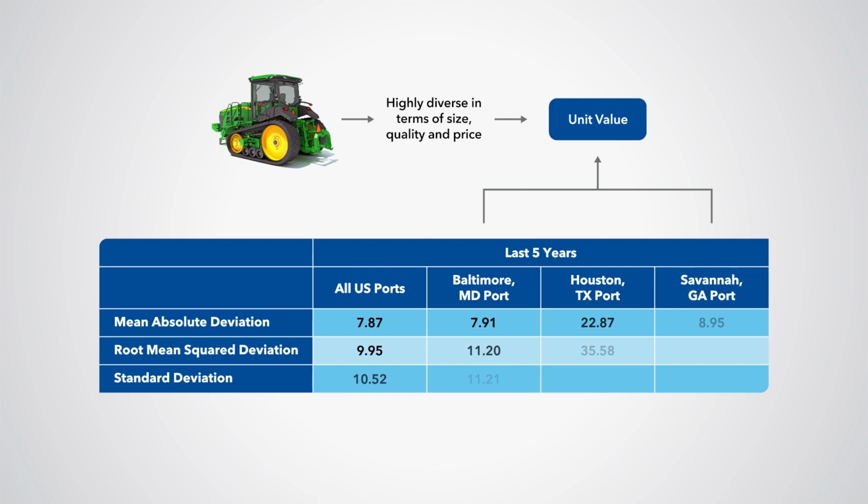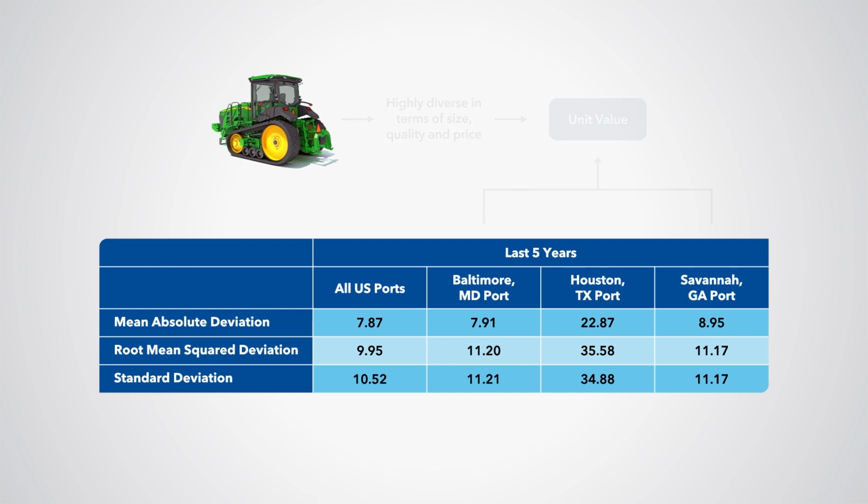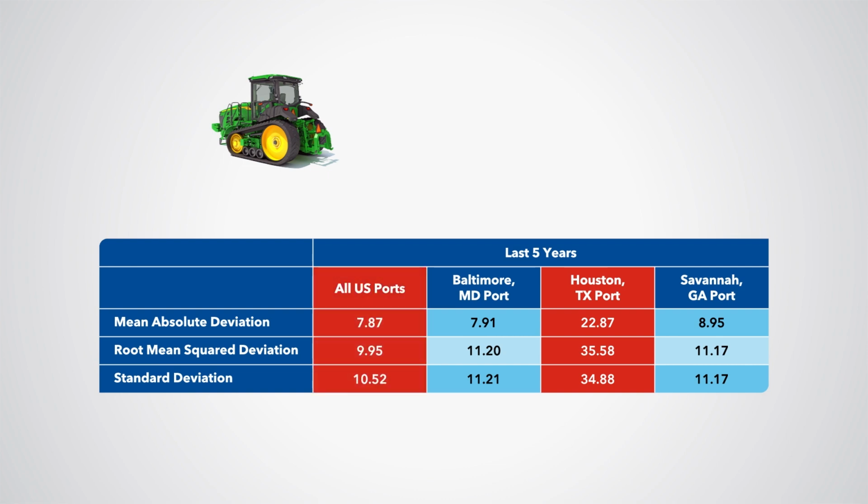This table shows the volatility analysis of the track-laying tractors after they have been disaggregated by port of export. In this example, disaggregation by port does not lead to less volatile UVI series. Indeed, the UVIs for Houston, Texas are about 3 times as volatile as their equivalent values for all US ports.